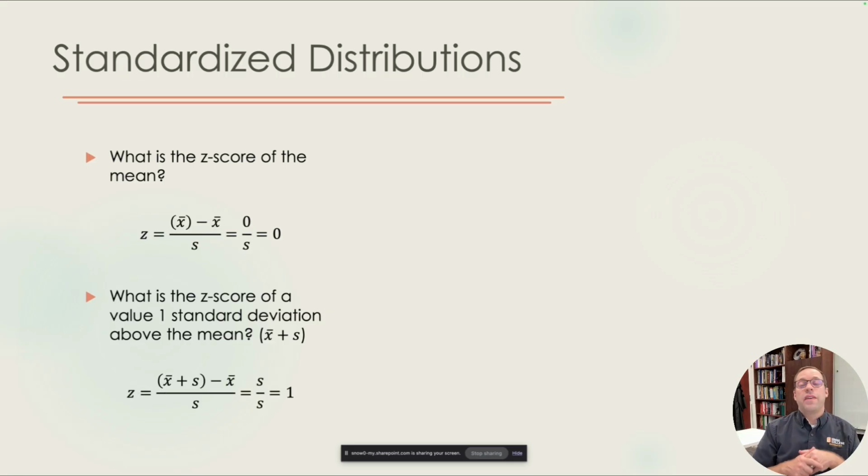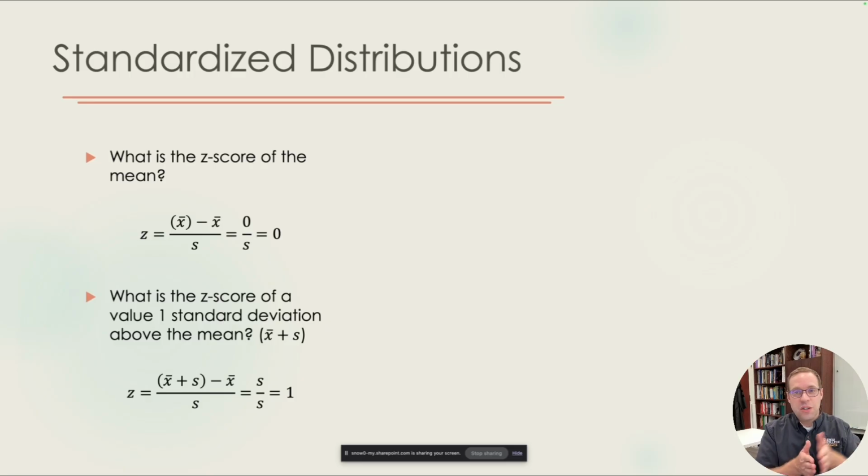If we take our value as the mean plus s, so the mean plus 1 standard deviation up, we subtract out the mean, the means cancel, and we're left with s in the numerator. So s divided by s is 1. Okay, so 1 standard deviation above the mean gives you a z-score of 1.